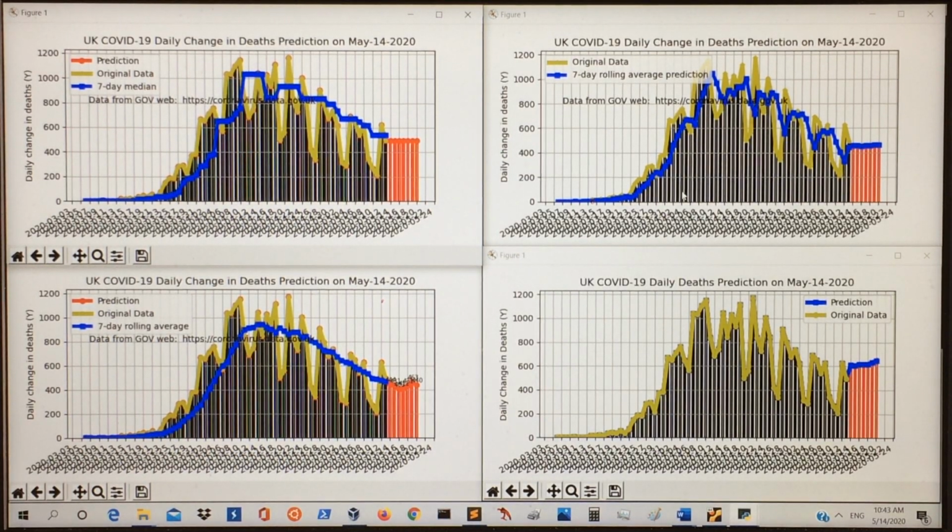for top right, this is the weighted rolling average. So it takes 7 consecutive days.